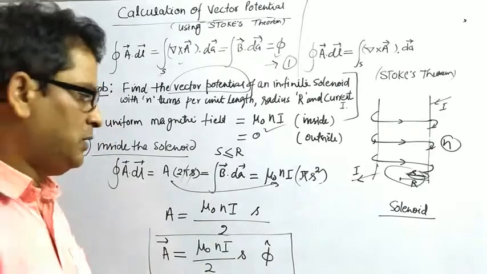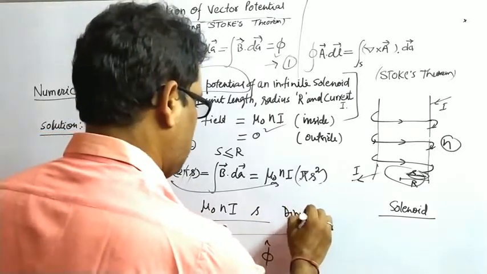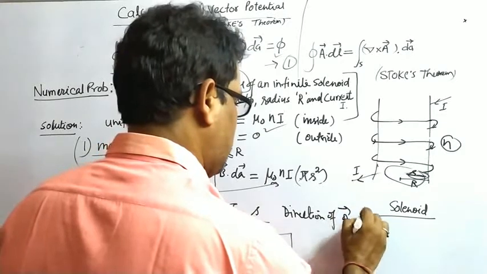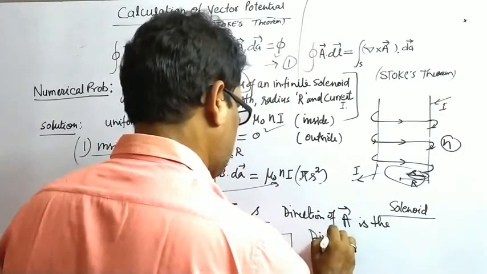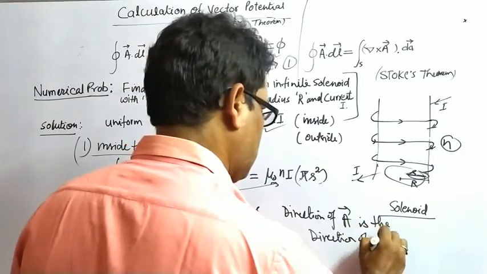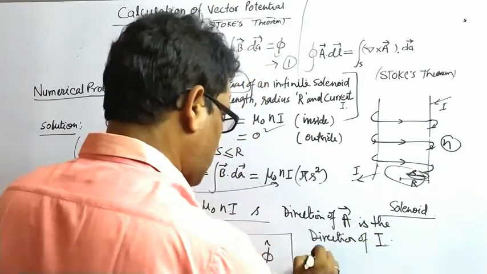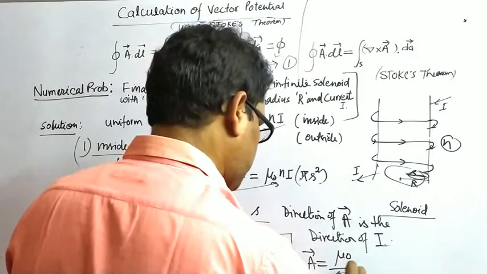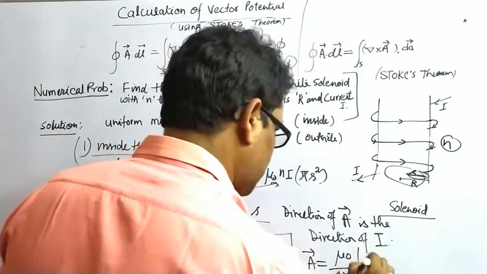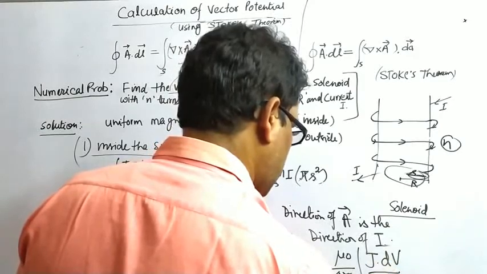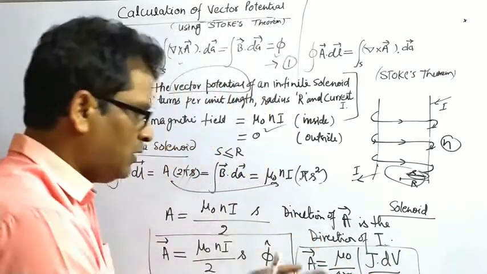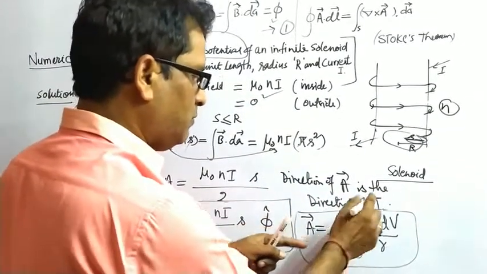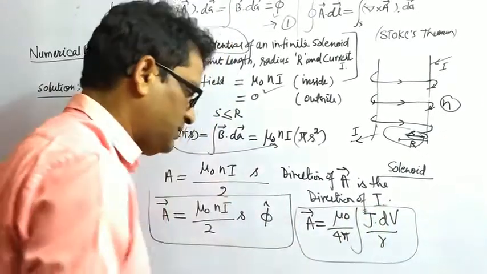Normally the direction of A is the direction of current, I. It is also obvious if you look at this equation, J dot dV upon R. So typically the direction of A is the direction of current, that is the direction of current density.